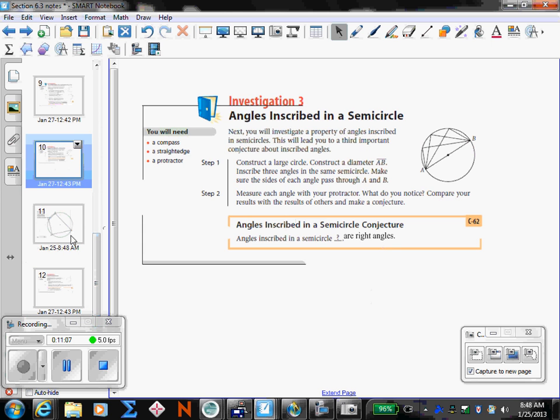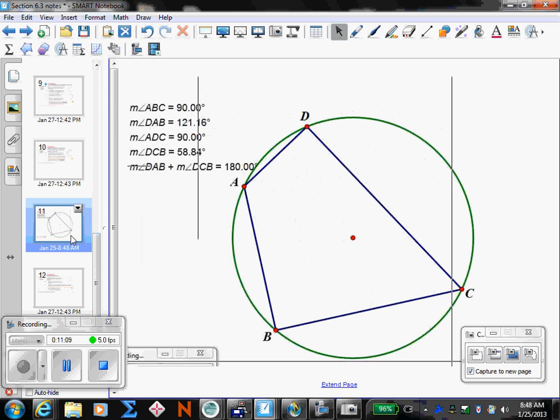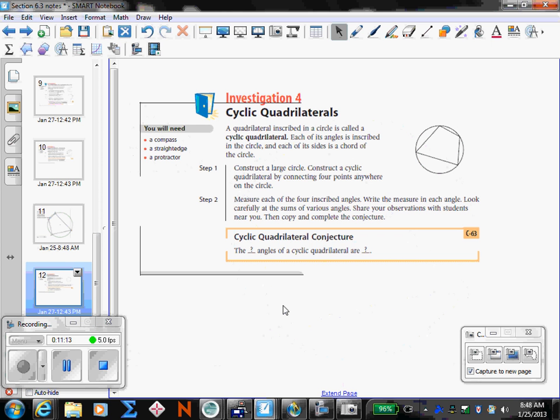And there's the picture to go along with that. And then we have the blank angles of a cyclic quadrilateral are blank. Now make sure that you get the definition of cyclic quadrilateral into your notes. So a quadrilateral inscribed in a circle is called a cyclic quadrilateral.